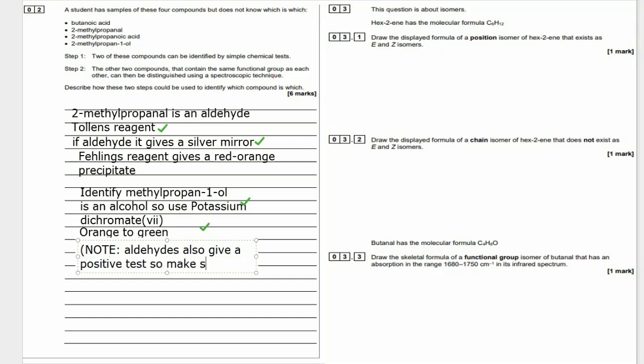So make sure you do the silver mirror tests first to rule out aldehyde. If you do get an orange to green, it could be an alcohol or it could be an aldehyde. So we want to rule out the aldehyde by also doing the silver mirror test and only then confirming that that is the alcohol.